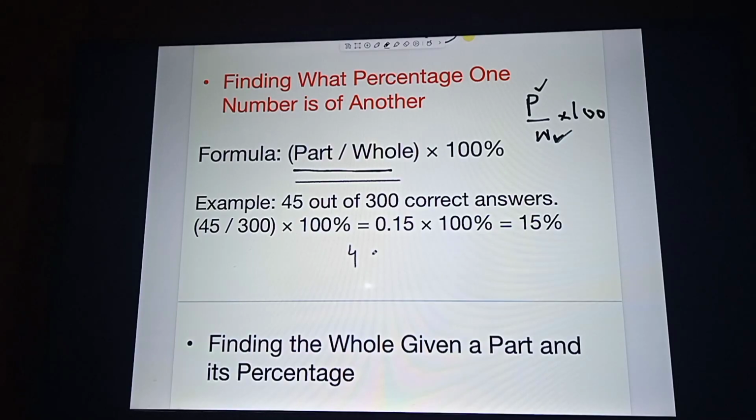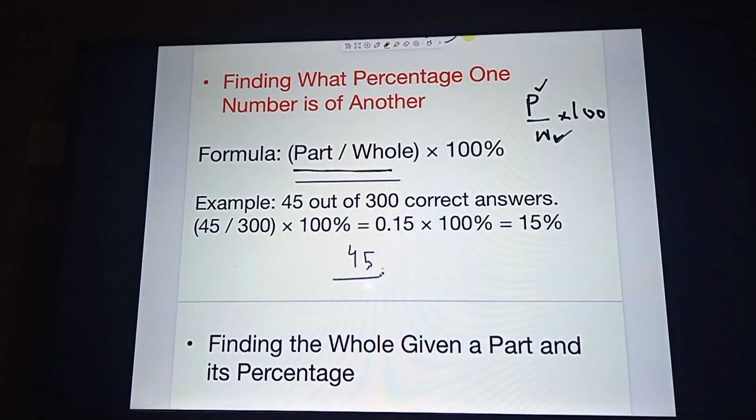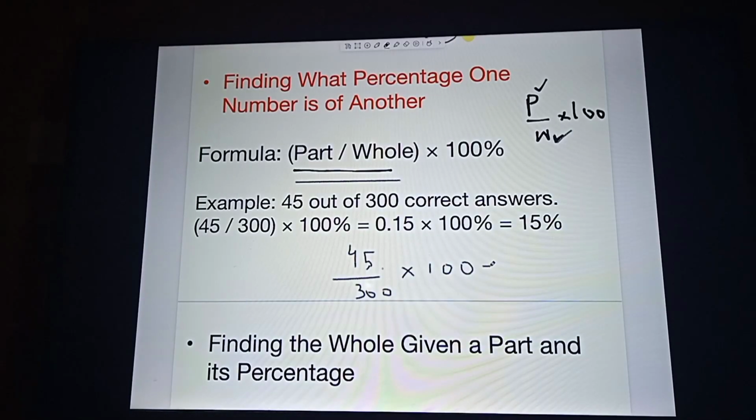So 45 divided by 300 and then multiplied by 100 will give us 15%.